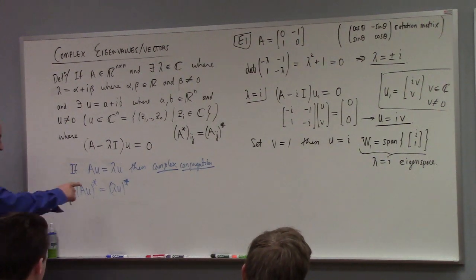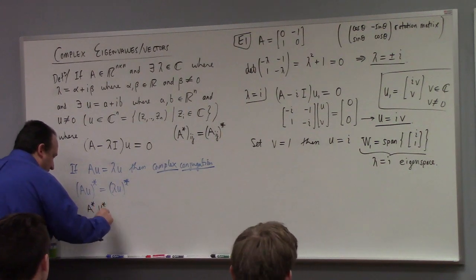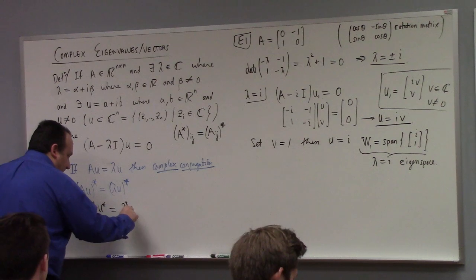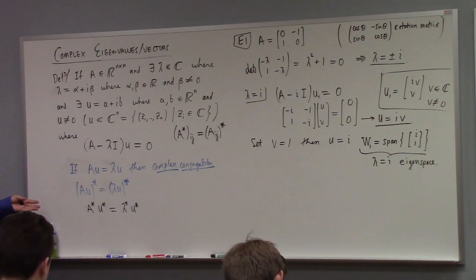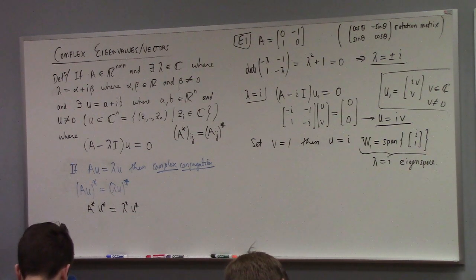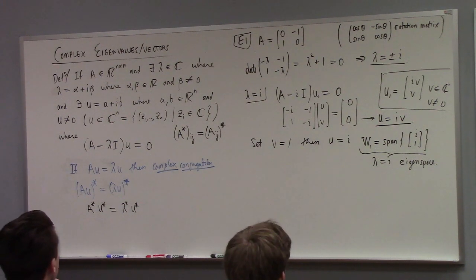So the way this works is A conjugate, u conjugate. It doesn't even do the socks-shoes thing. It's just this. All right? What I mean by that is we're talking about the component-wise complex conjugate of A. Lambda is just a number, and u is a vector.